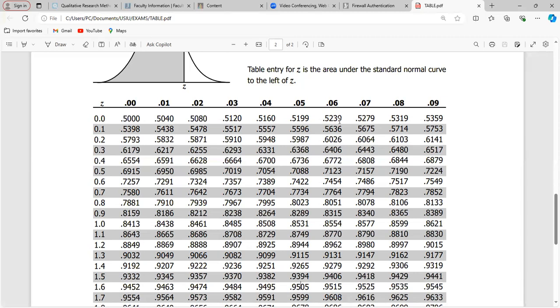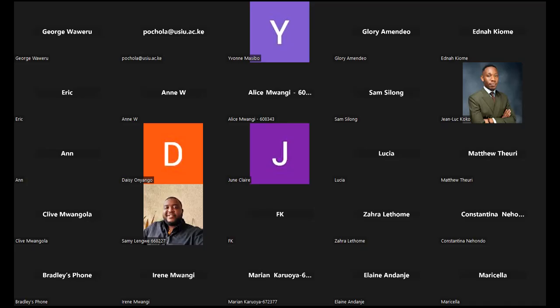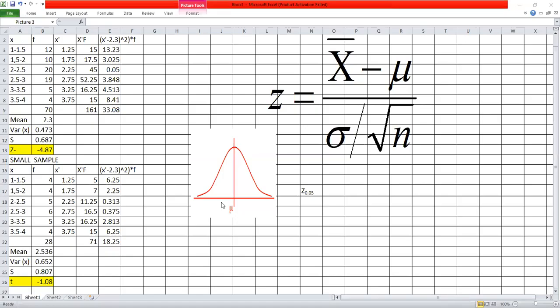Z 0.05 is equal to 1.65. That's what I want you to note. First, that's what you have gotten from the table. So this Z here is equal to 1.65.